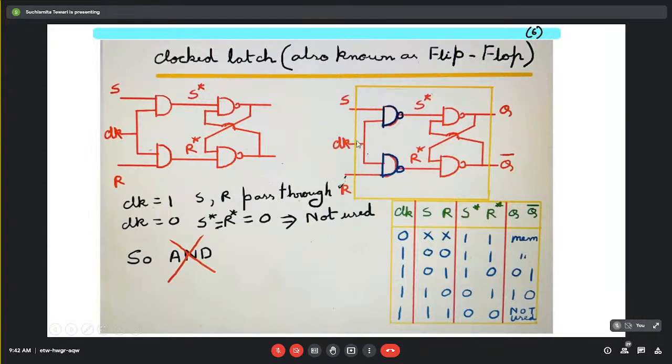Now throughout I am enabling the clock, giving a high signal here, 1. So when I am putting 0 over here and 1 over here, the S star and R star will simply be the complement of this, because it is a NAND gate. So that will be 1 and 0, and that corresponds to 0 and 1, that is the reset state in a NAND gate based latch.